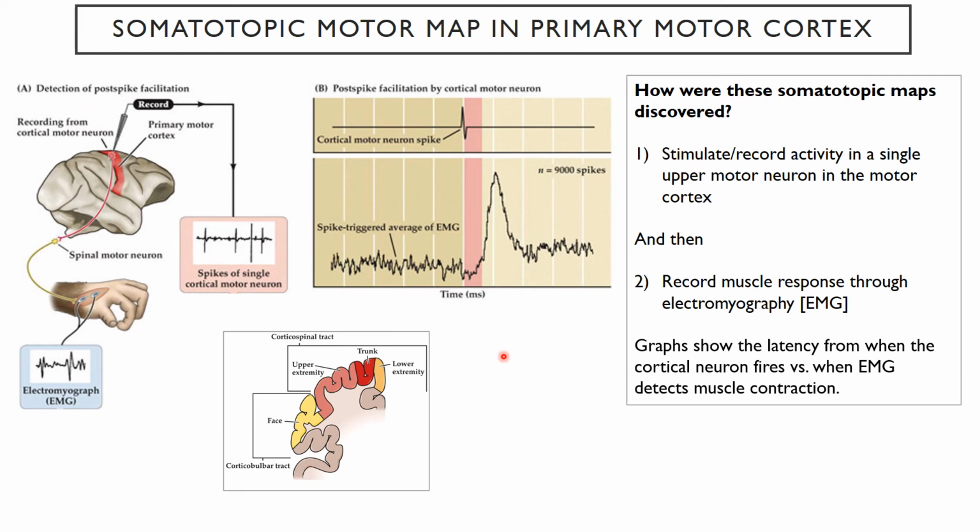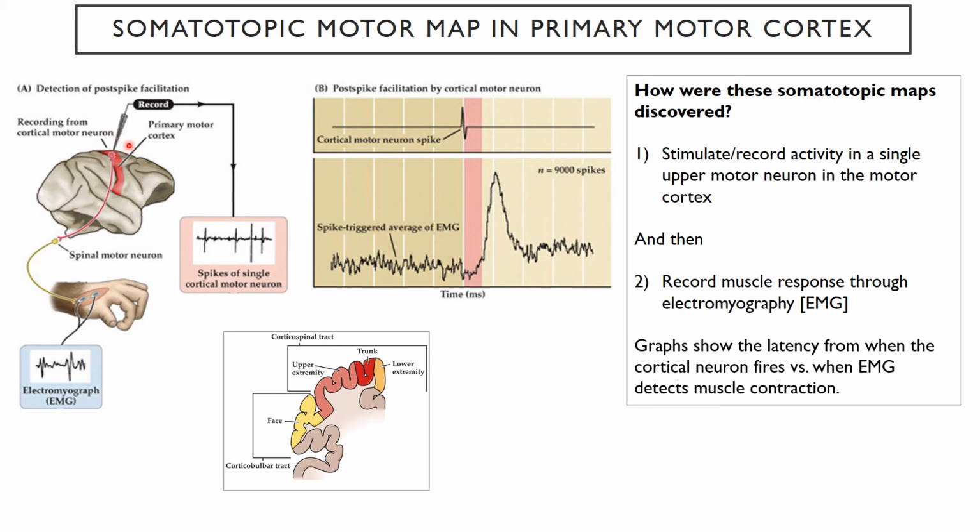We can record activity of muscle units, these motor neurons that are in the motor cortex, and then we can look at the activity of muscles that may be downstream from that using EMG, or an electromyograph. So you can use electrodes that will see those muscles contracting, because that is also an electrochemical event.